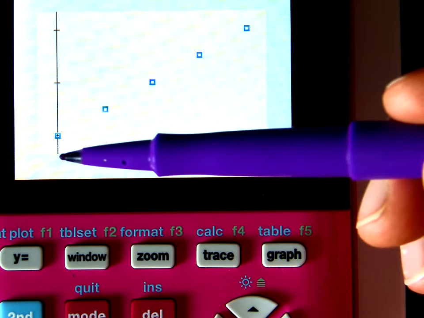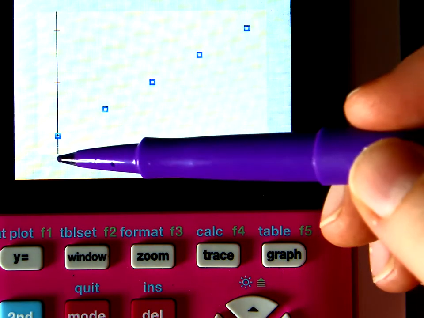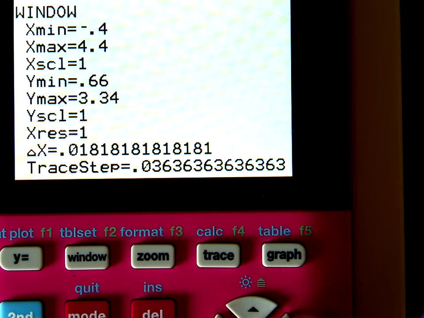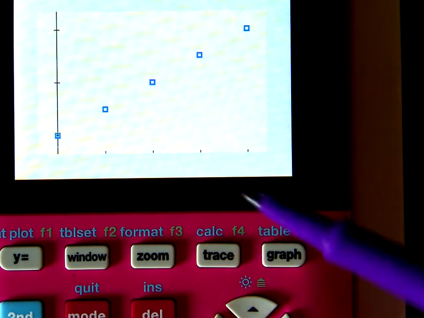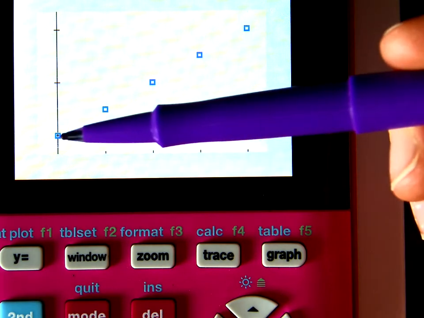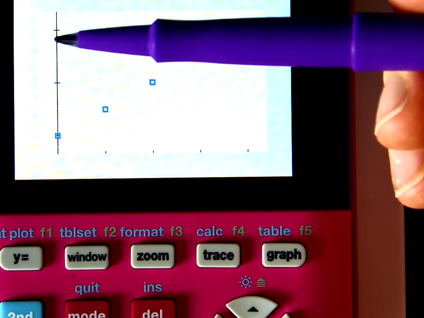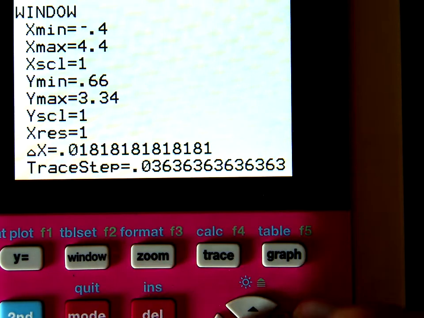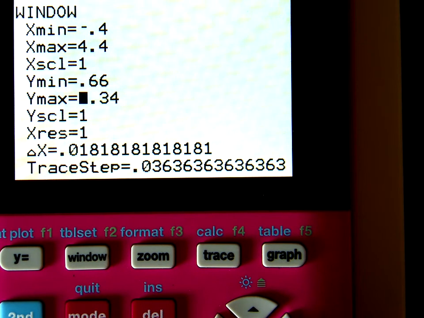Let's go, oh, Y minimum, 0.66. Okay, back to the graph. So this must be 1, 1.5, 2, or no? What is it going up by? One more time. The Y scale is going up by ones.